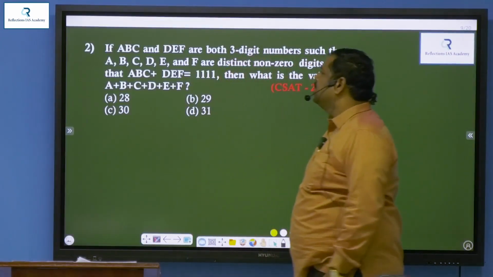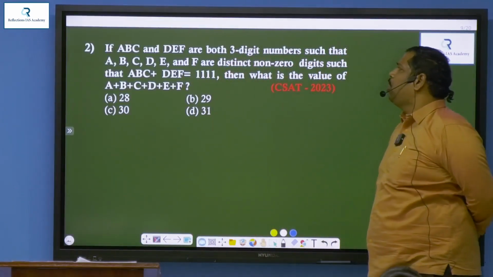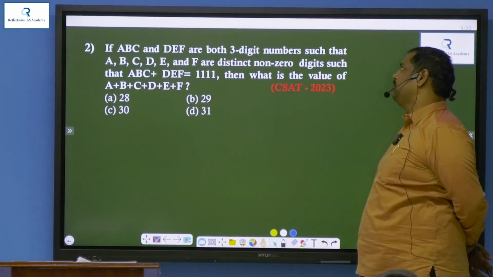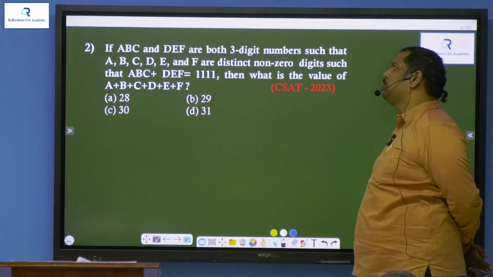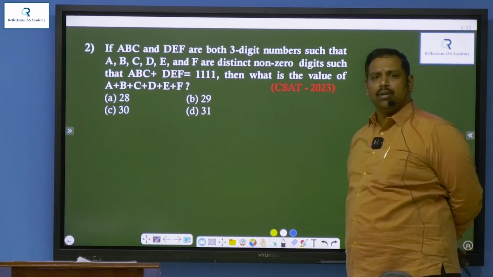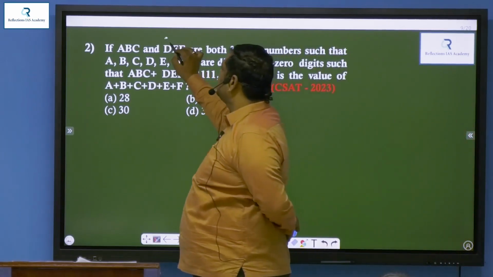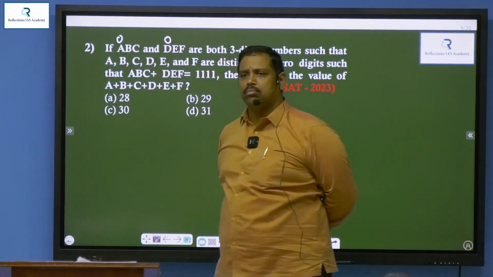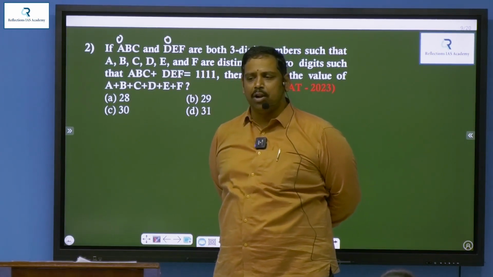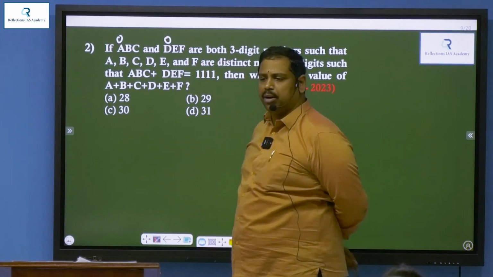Okay. If A, B, C and D, E, F are both 3-digit numbers, what is the intention behind saying both are 3-digit numbers? That means this should not be 0, this should not be 0. If it is 0, it will become a 3-digit number or a 2-digit number? 2-digit number, right? Okay, good.